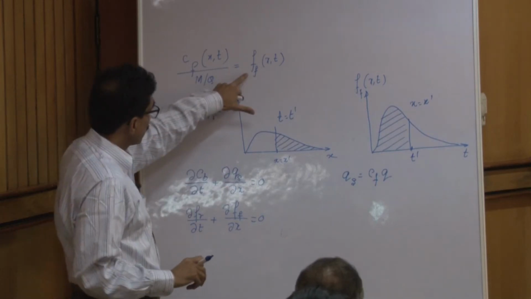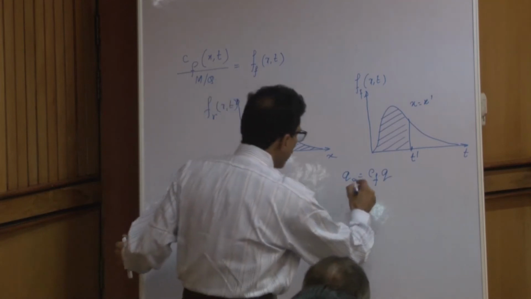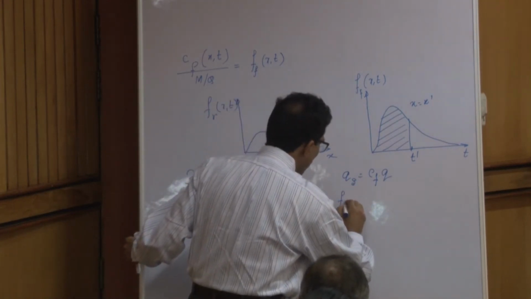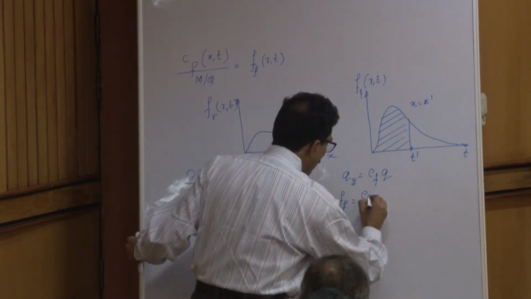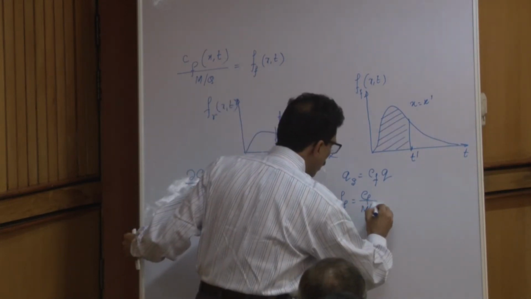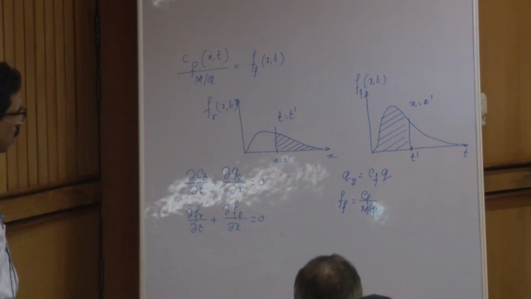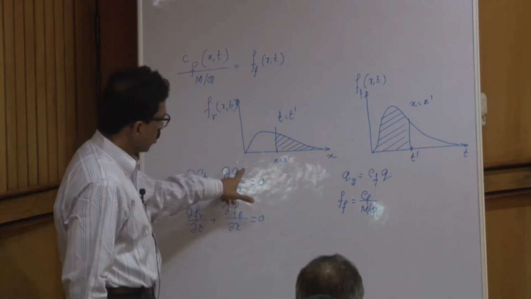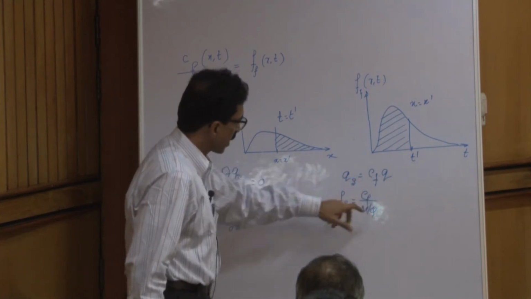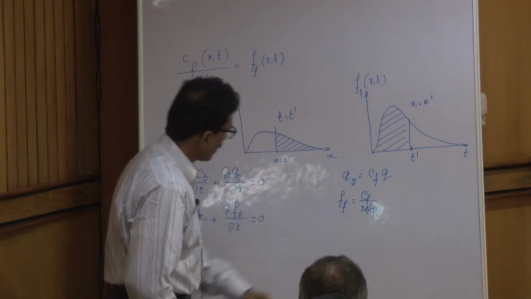The flux concentration probability density function, we had said that F sub F must be C sub F divided by M over Q, right? So I have Q sub S over here, is C sub F times Q, but C sub F itself is F sub F times M over Q.